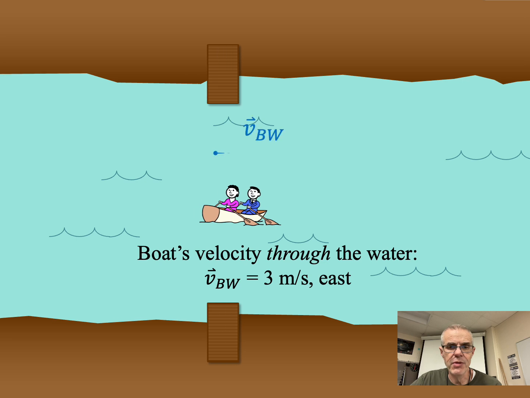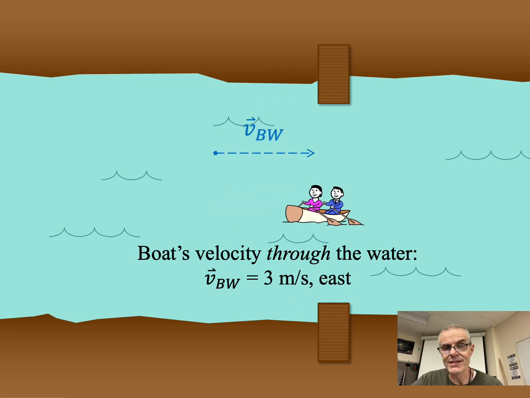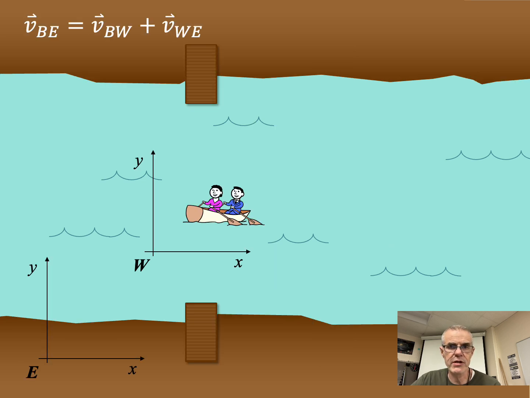But the boat might be moving through the water 3 meters per second east. Well, what happens if you put those things together? We could write our formula very similar to what happened with the plane, but now it's the boat relative to the earth is the combination of the boat through the water plus the water relative to the earth.